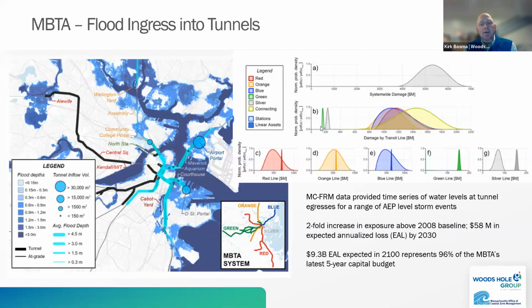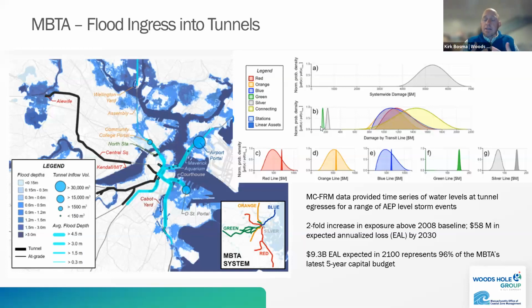And by 2030, there was 58 million in expected annualized loss. By 2100, I think that's 2070, they had 96% of MBTA's latest 5-year capital budget would be going into just expected annualized flood loss in their system because of coastal storm events.